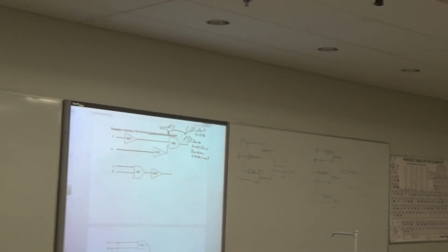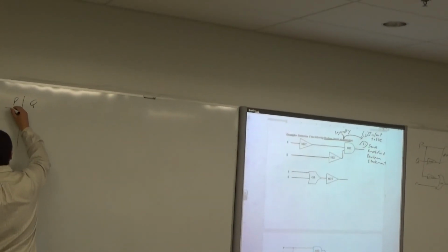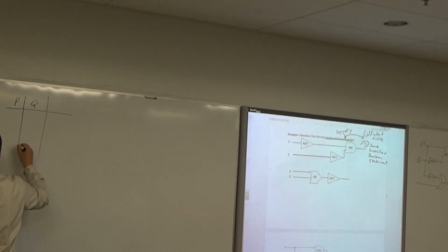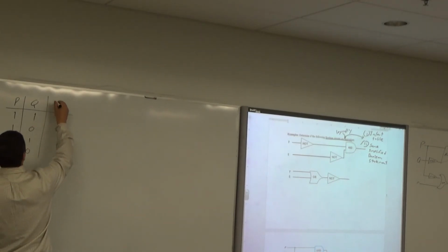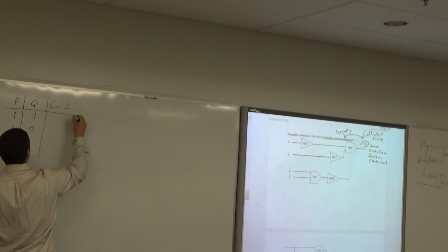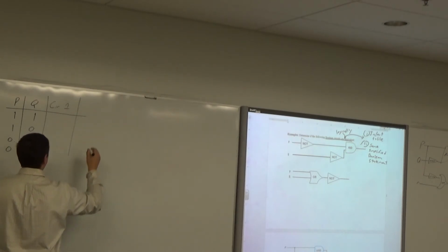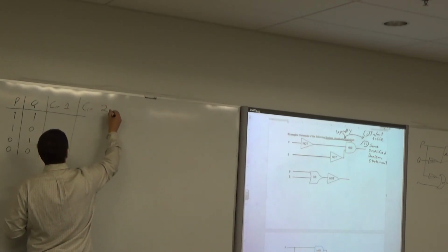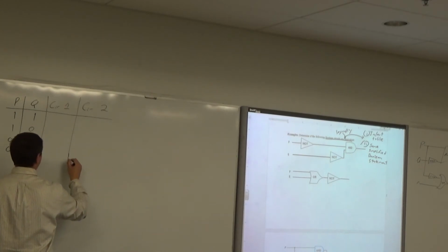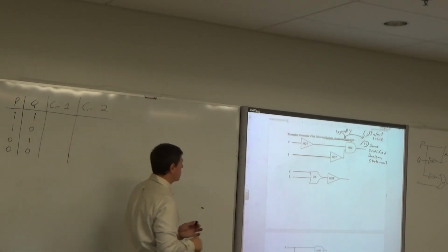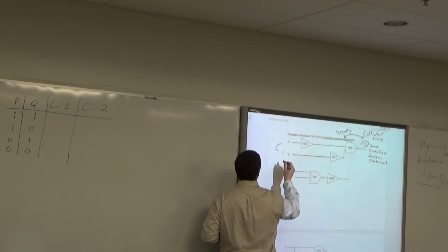Okay, so for the input-output table, we have 1, 1, 0, 0, and 1, 0, 1, 0. I'm going to call this one circuit 1 and circuit 2. Let's just call this one C1.